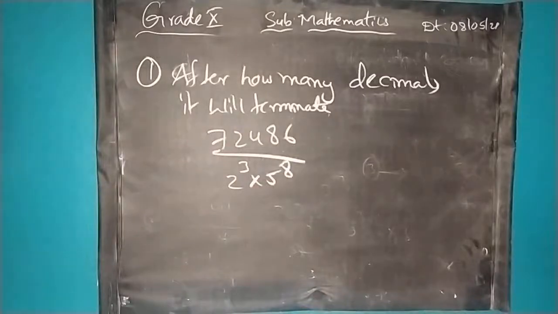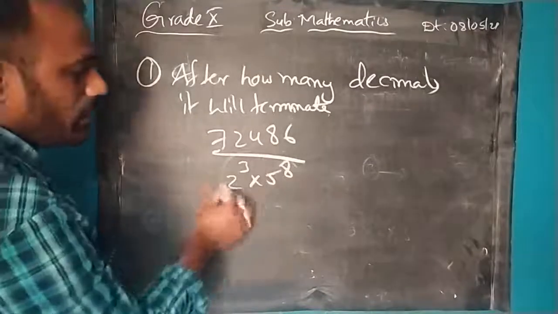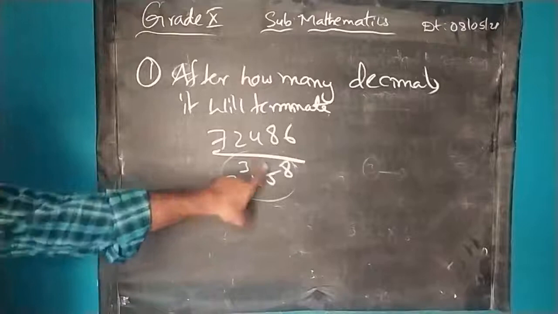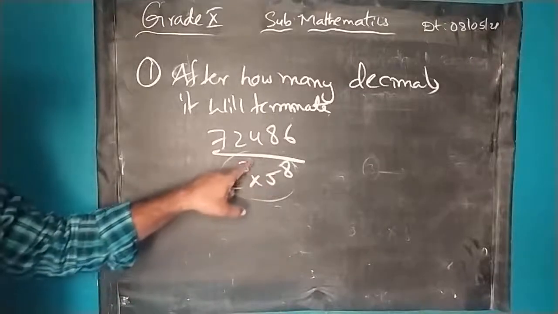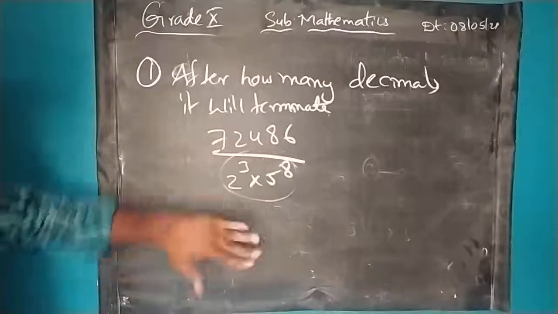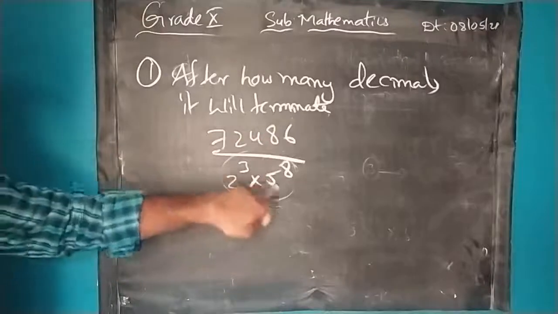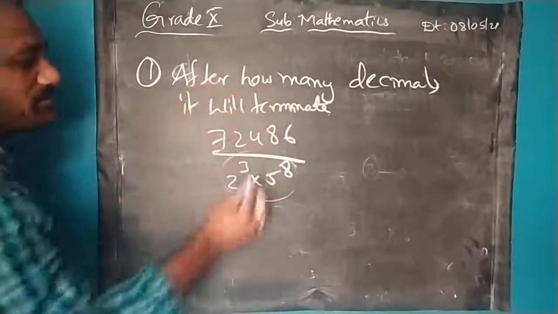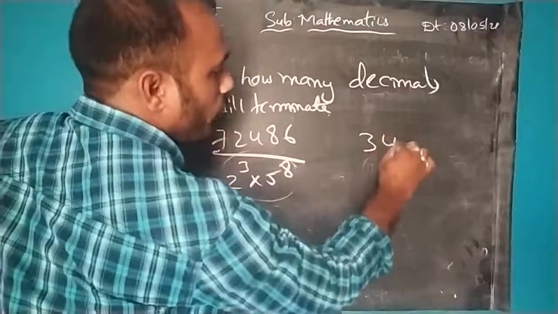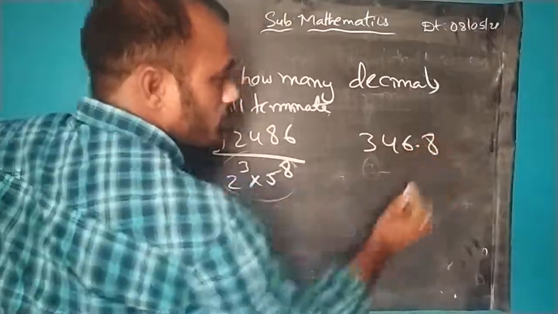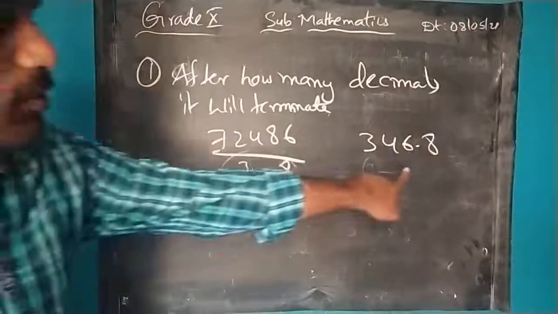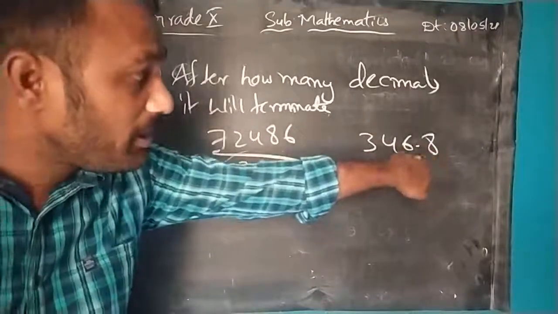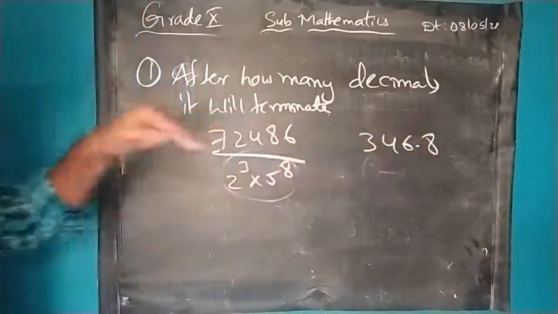Okay. So he has already done the prime factorization of the denominator. He got the number like this, 2 power 3 into 5 power 8. He has already done the LCM and everything. So after doing this, he is asking how many decimals, for example 3, 4, 6, 8. So it is terminating, no doubt. Why? Because the division ends. So after how many decimals does it terminate?